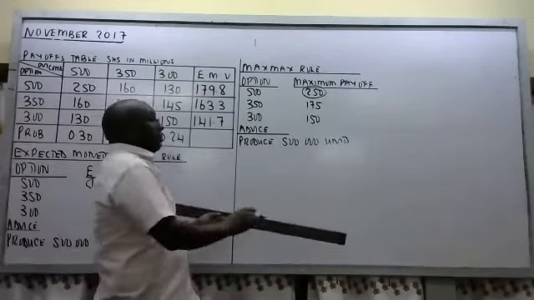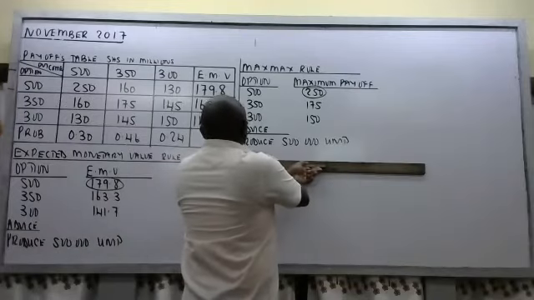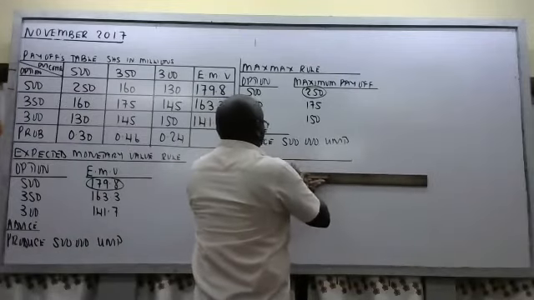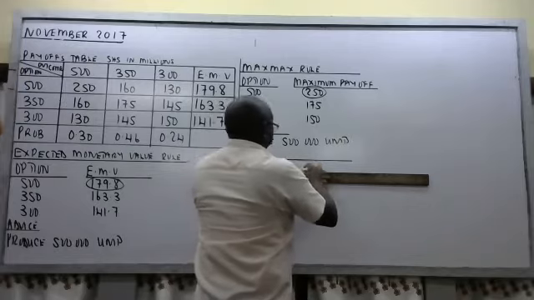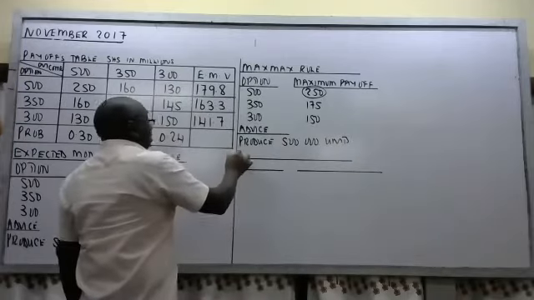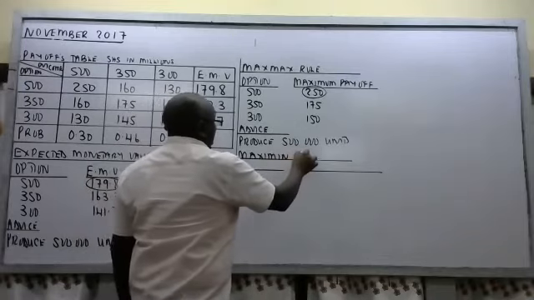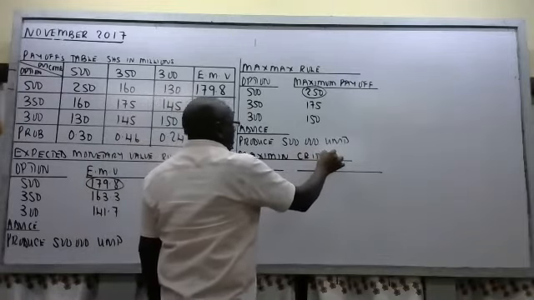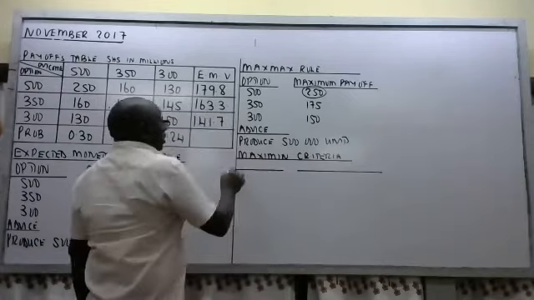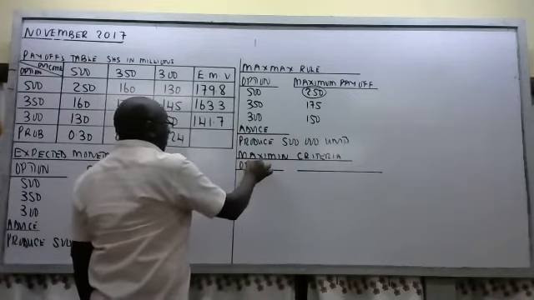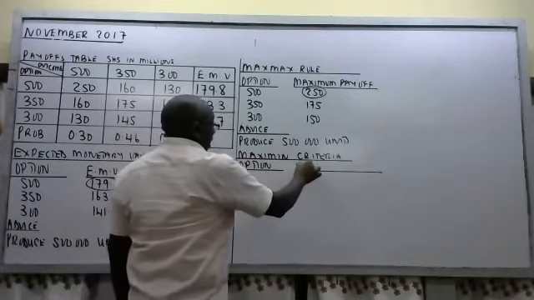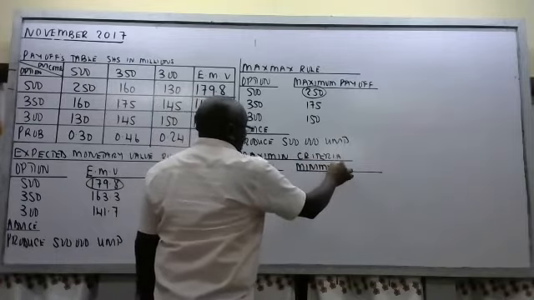And the last one is the maximin criteria. So for the maximin criteria or rule, again we have the option, and we have the minimum payoff.